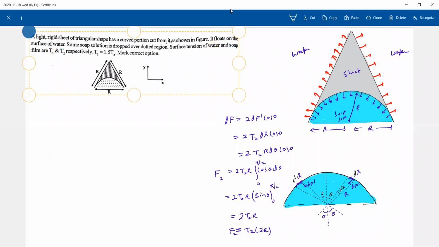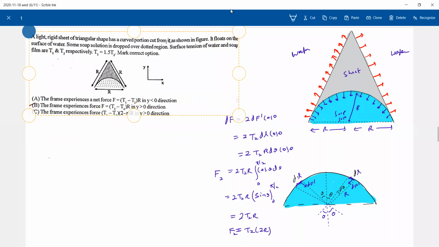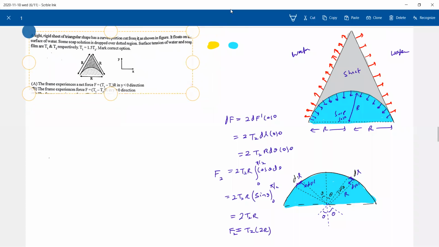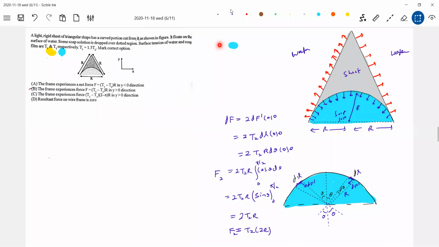Okay, now let's get into it one by one. So this is a sheet. What are the forces that are acting? Let me bring only the sheet.